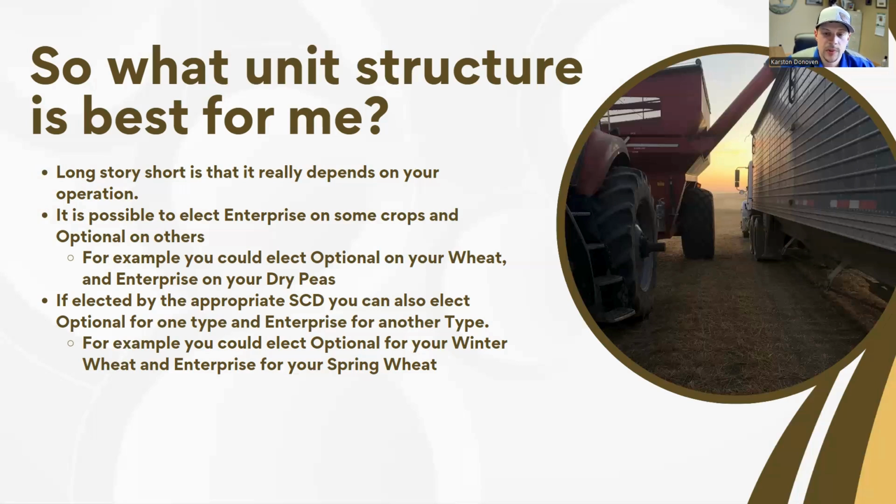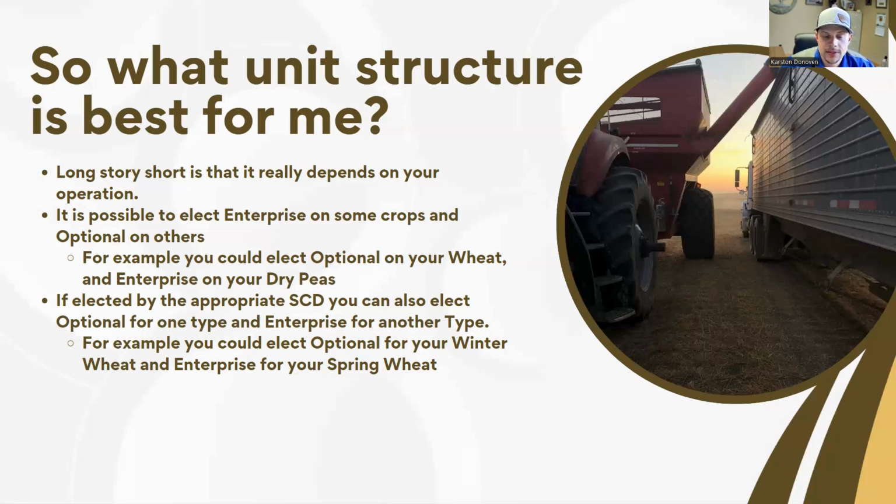With that being said, it is possible to elect enterprise units on some crops and optional on others. So for instance, it's pretty popular to use optional on wheat because maybe that's your most prevalent crop, and then you might do enterprise on some of the pulses, maybe dry peas, lentils, green peas, stuff like that.